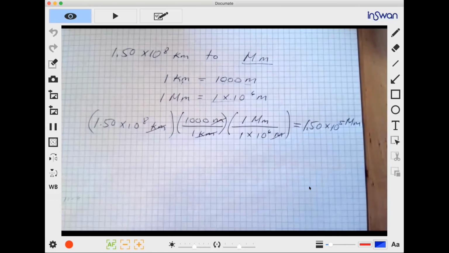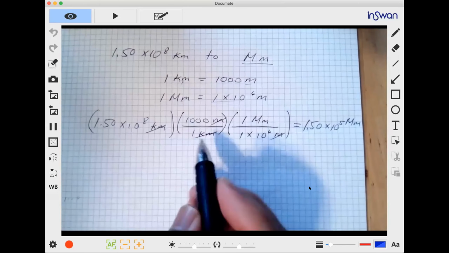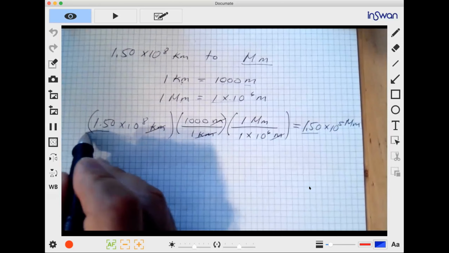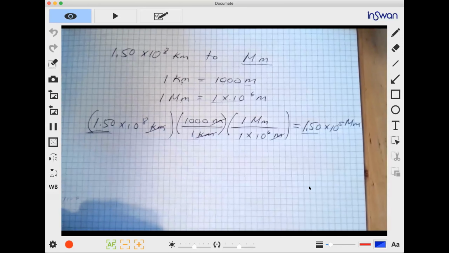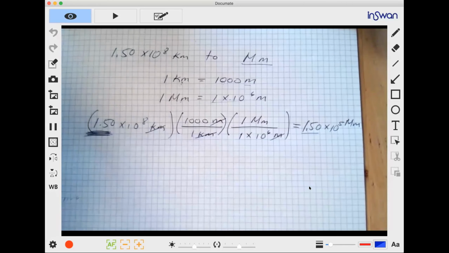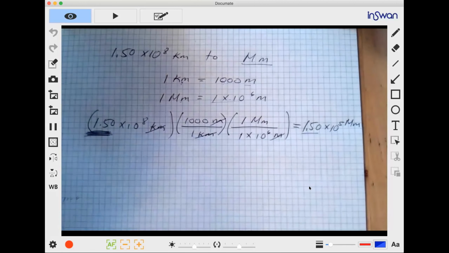Yes. Now, a couple of things to notice here. The significant digits that we need at the end have to be the same as the significant digits that we have at the beginning. I have a question, and it's not a trick question. How many sig figs are in 1.50? You need to be really good at it by now.